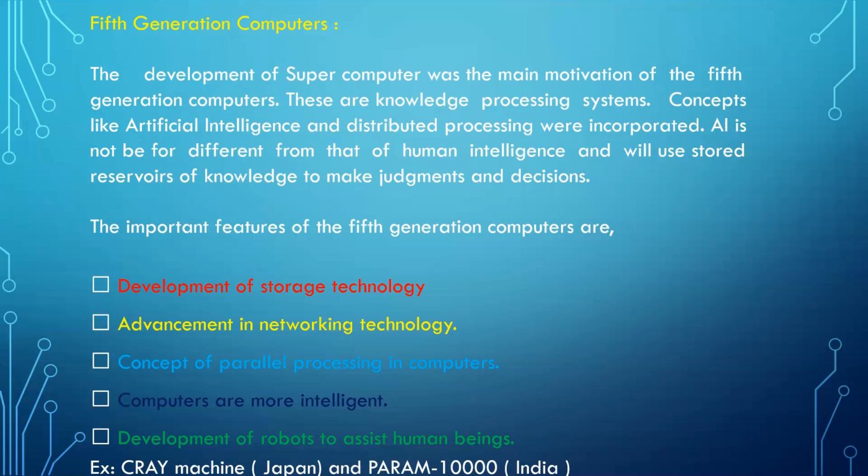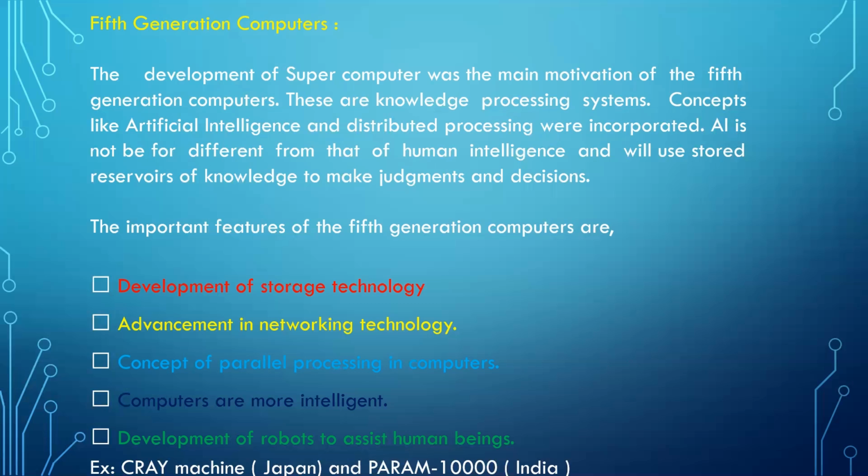Then the important features of fifth generation computers. The first one is development of storage technology. As you have seen, in the fourth generation chips were used for storage, and that has been improved.